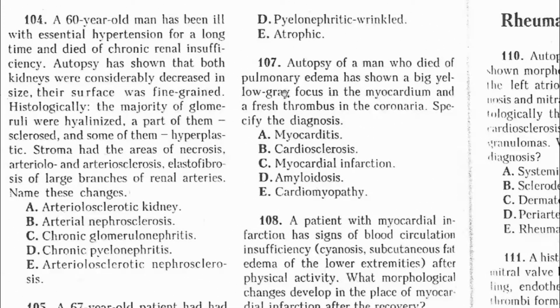Autopsy of a man who died of pulmonary edema has shown a big yellow-gray focus in the myocardium and a fresh thrombus in the coronaria. Specify the diagnosis. Now, anytime you see or you hear of blockage of artery of the heart, always think of what? Ischemia or infarction.